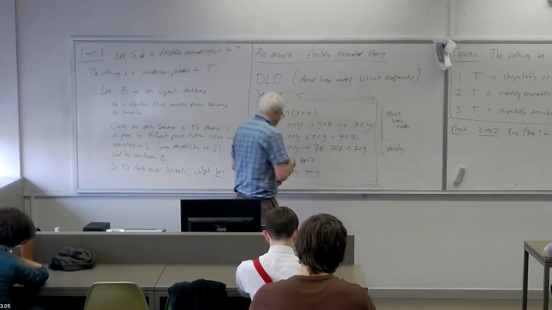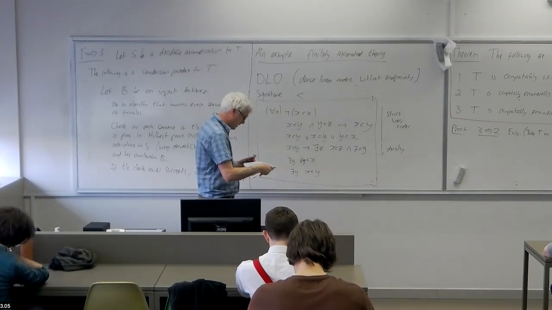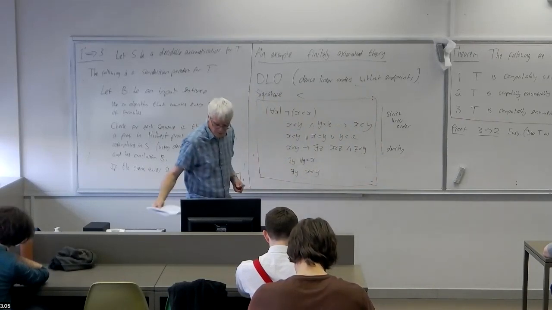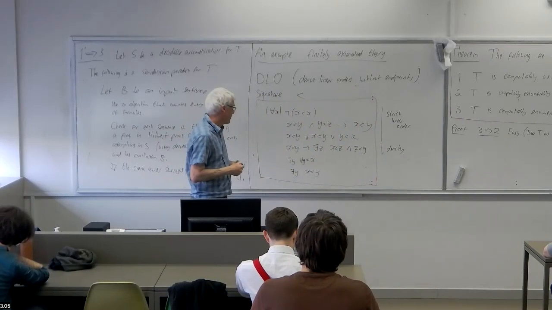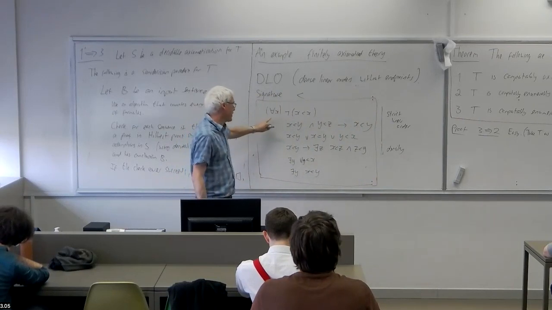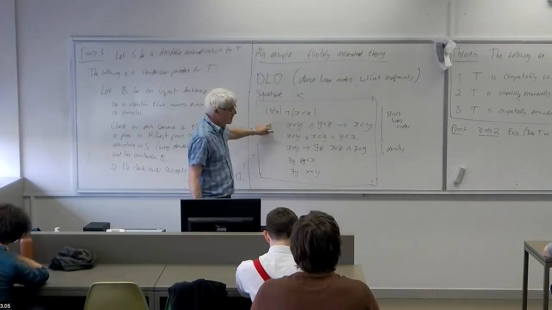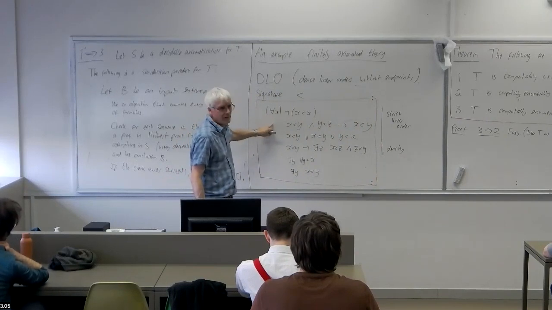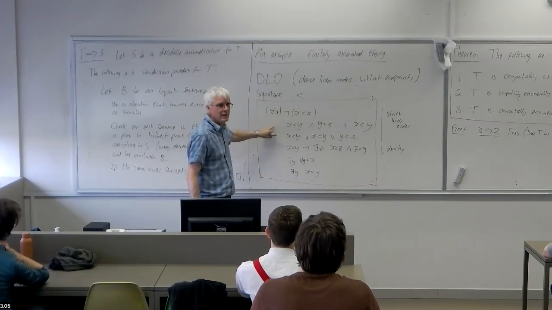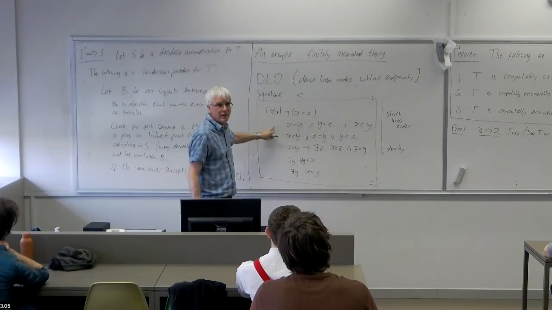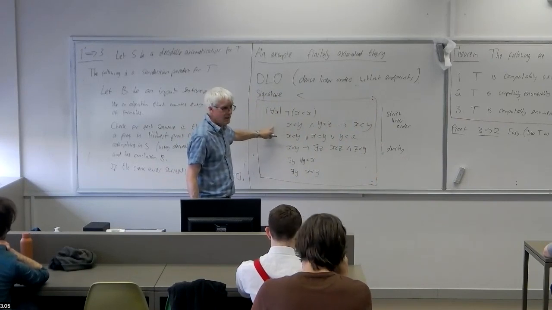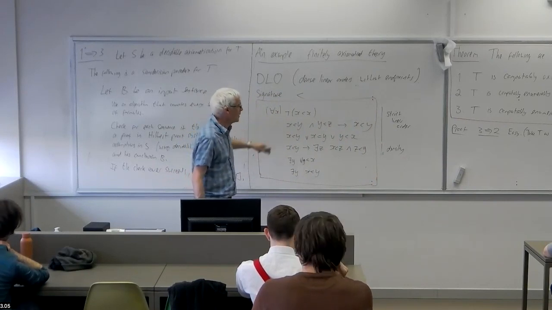And you did quantifier elimination for this, so you already proved in one of the exercise classes that this theory enjoys quantifier elimination and is indeed a complete theory and is decidable.